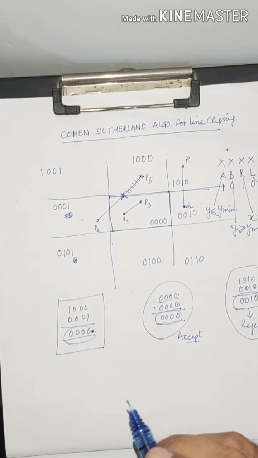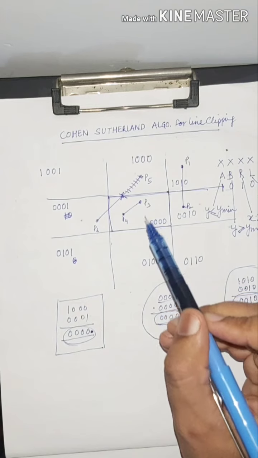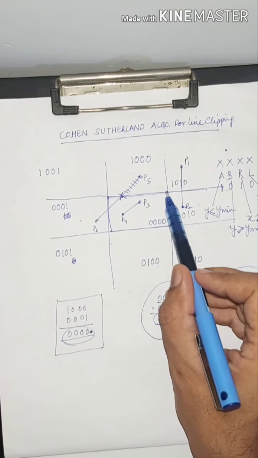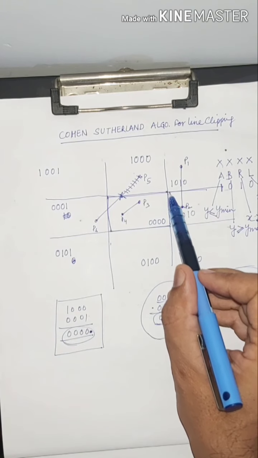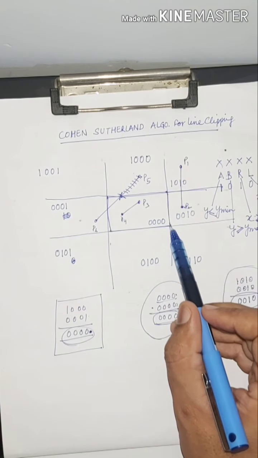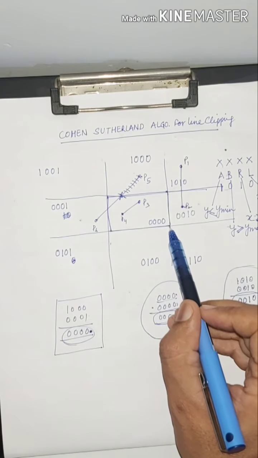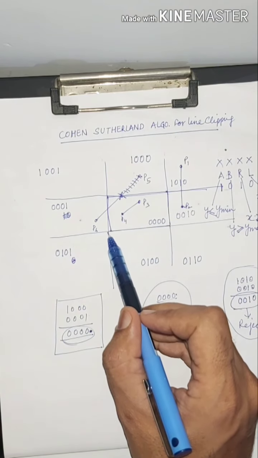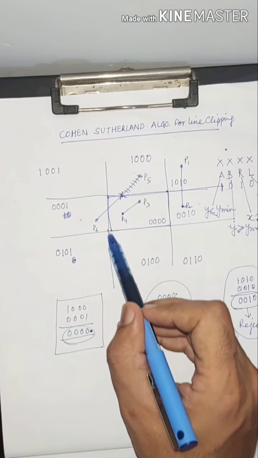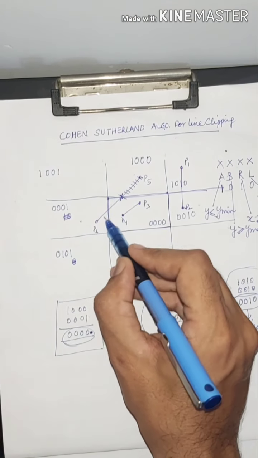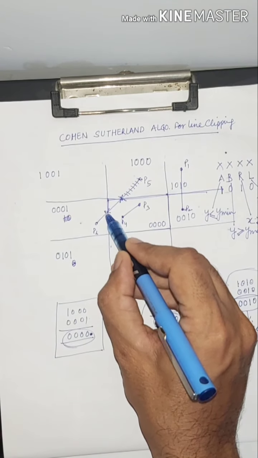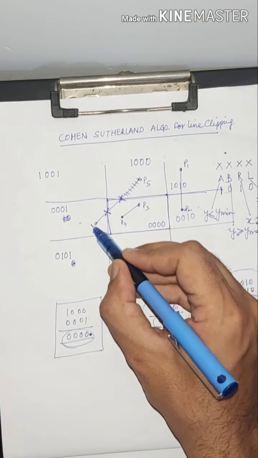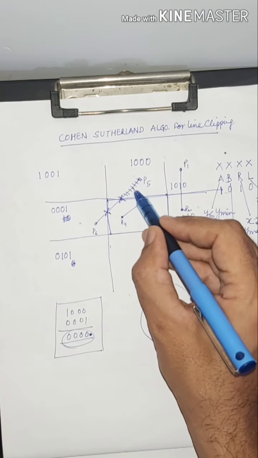And as I told you, you have to try the clipping with all the boundaries one by one. If you try it, you will find no clash. You try the line with this boundary, you will find no clash. And when you find a clash with this boundary, you will again find another point of intersection. So in this case, this was the rejected part.